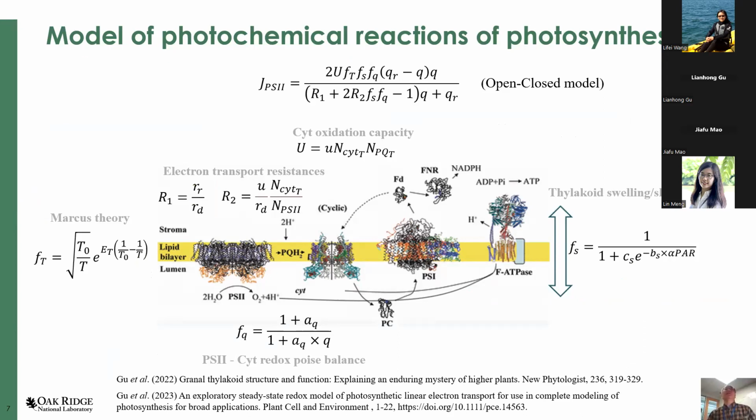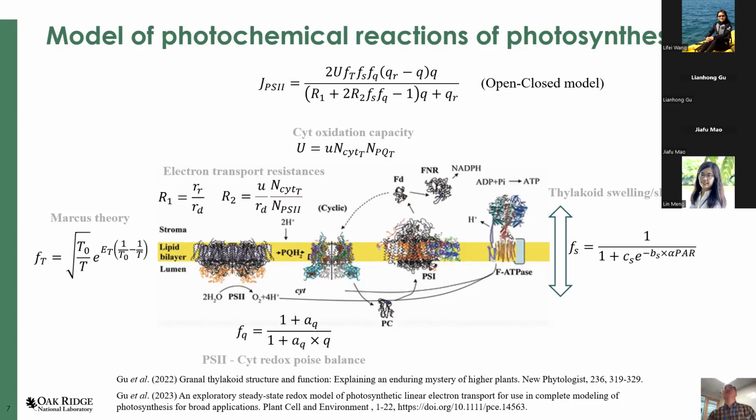Key processes represented in the model include redox reactions between the acceptors of photosystem 2 and the mobile electron carrier plastoquinone, and between plastoquinone and the cytochrome b6f complex.